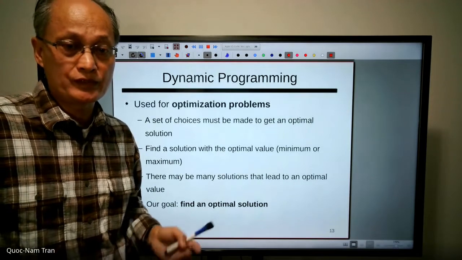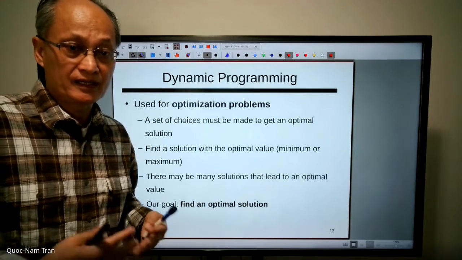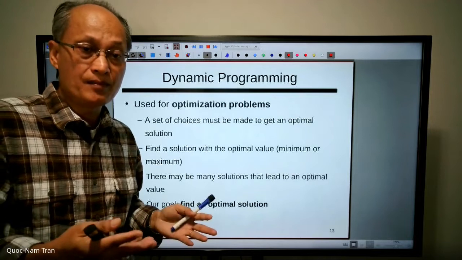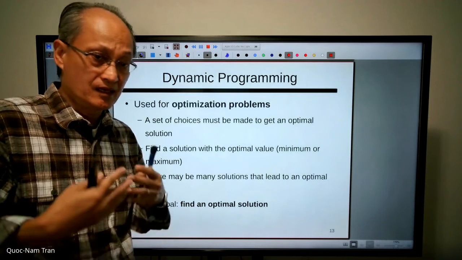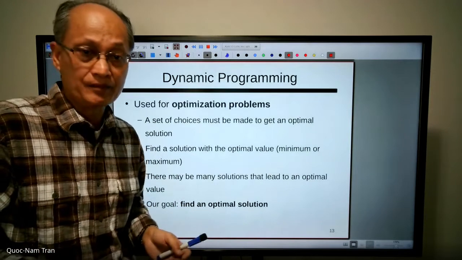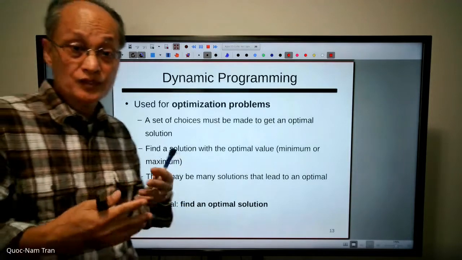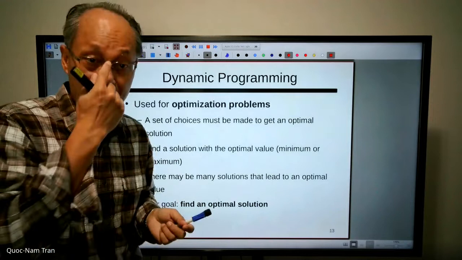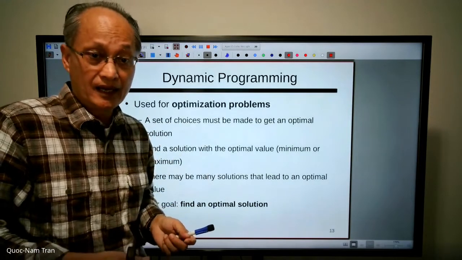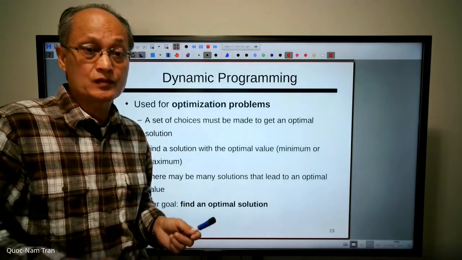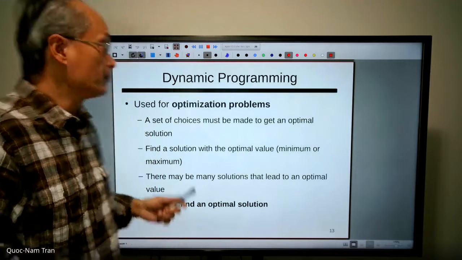Using it, you know that if we choose divide and conquer, the biggest problem with the divide and conquer approach is that some of the calculation will have to be repeated many times. In fact, we don't have to repeat the calculation, but because of divide and conquer, we have to recalculate again and again. That is not necessary. So that's why we want to learn the next programming technique we call dynamic programming.